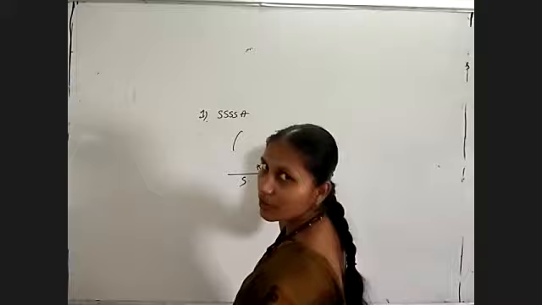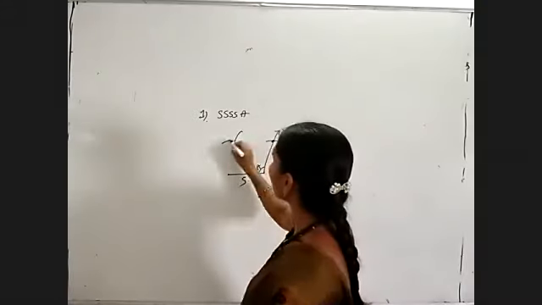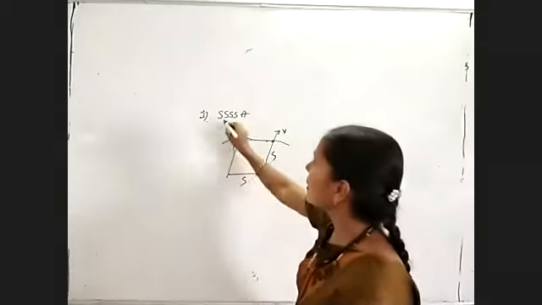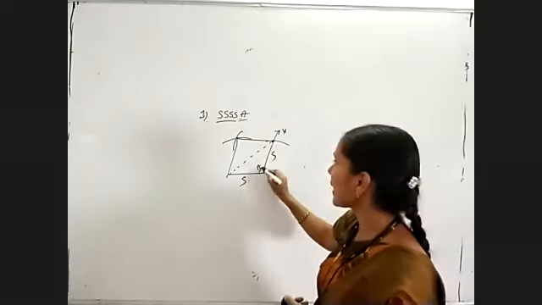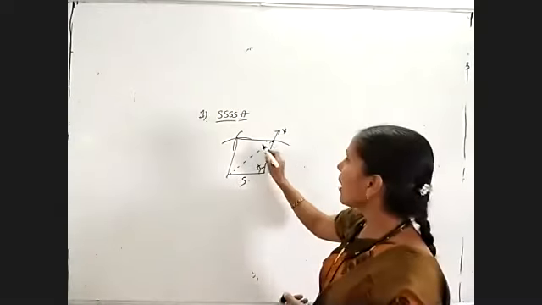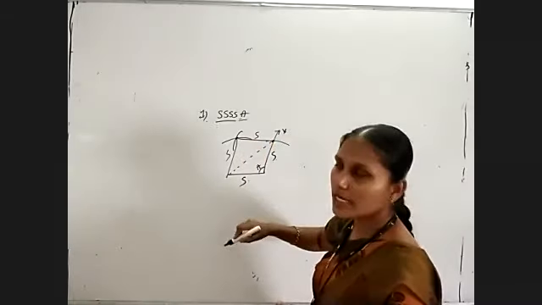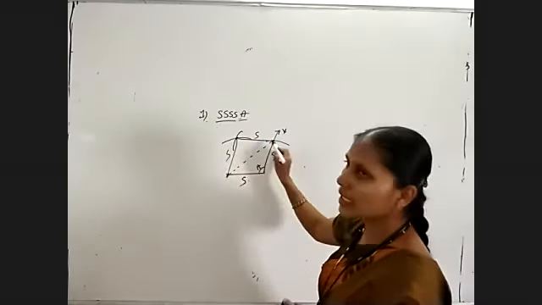From here we will draw an arc, and from here another arc. Like this we will get the quadrilateral when 4 sides and 1 angle are given. So first we draw the triangle using the side, angle, side criterion, and then to get the fourth vertex we use the remaining 2 sides and draw arcs using the compass.